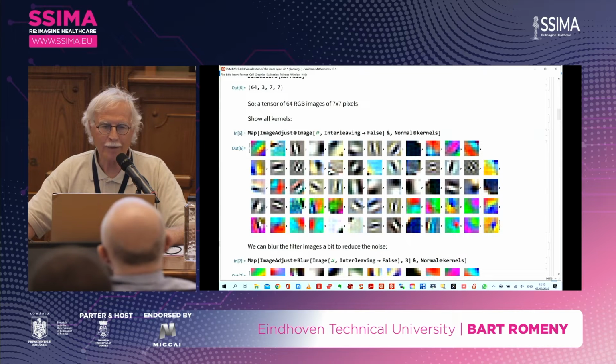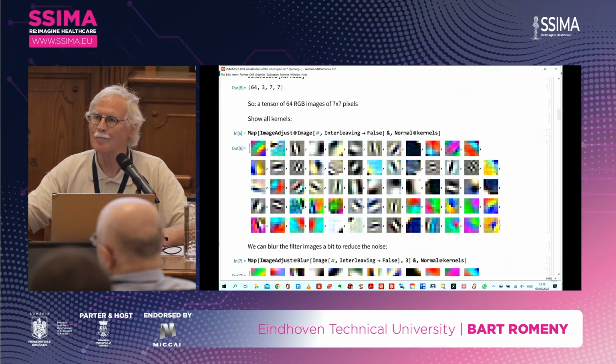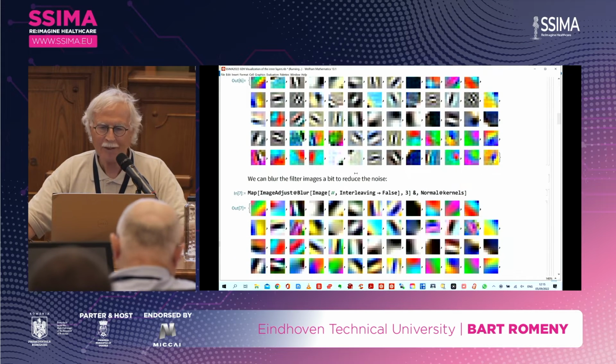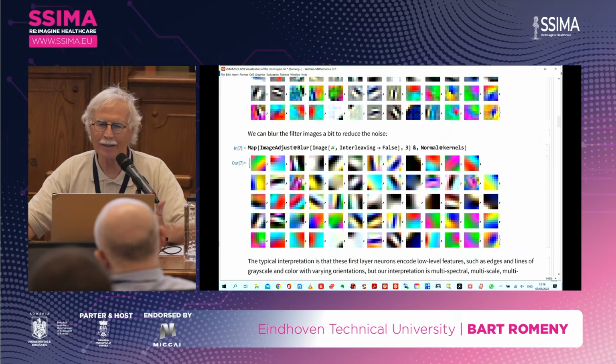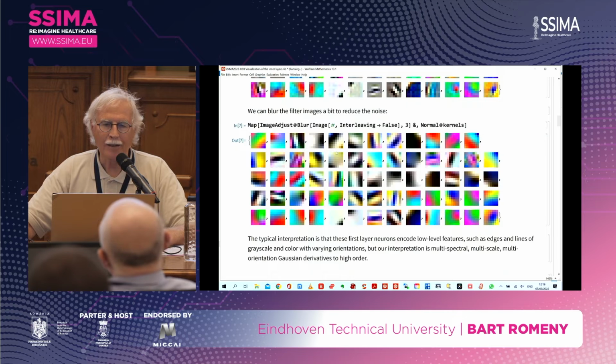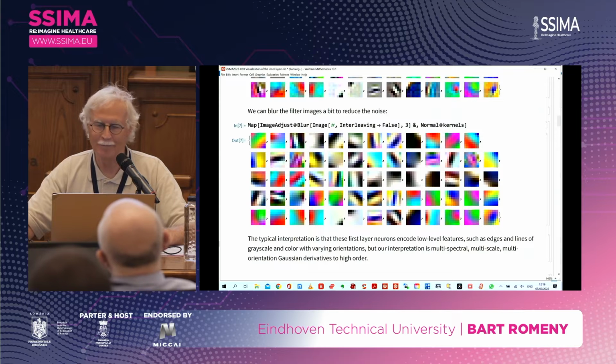And some are blob detectors or color detectors, but very simple, very basic. A little bit like lines and corners and edges. If you blur them a little bit, you see a little bit better that this looks like an edge detector, black-white. And this looks a little bit like a line detector. You could also say it's a second-order detector.